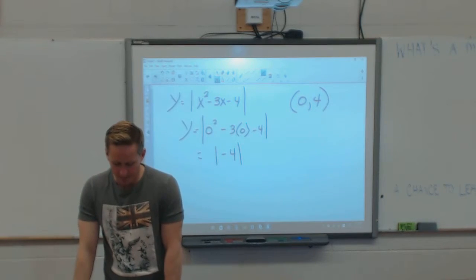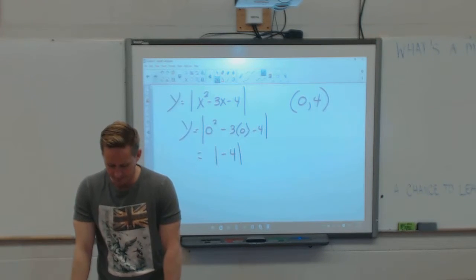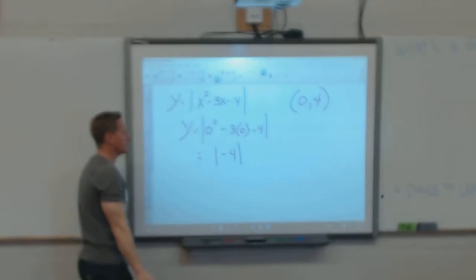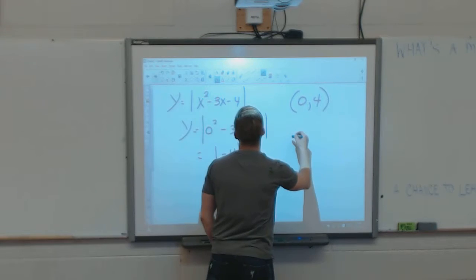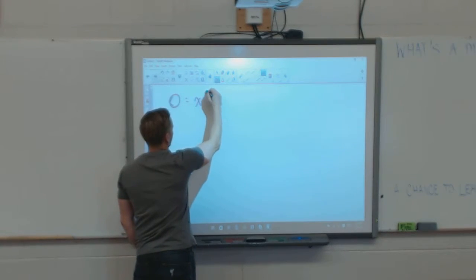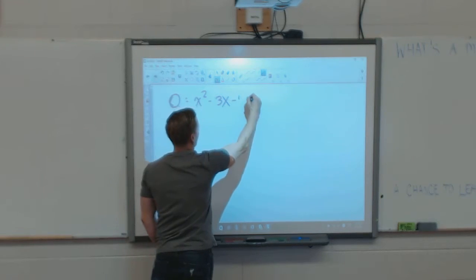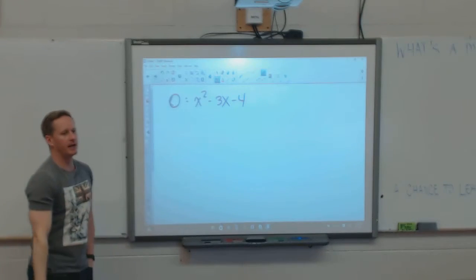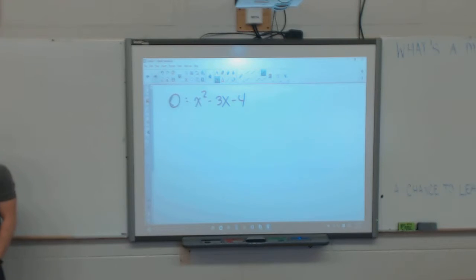Determine the x-intercept by substituting y equals 0 into it. So my x-intercept then, on the next page here, is 0 is equal to x squared minus 3x minus 4. How many x-intercepts am I probably going to have here? 2.